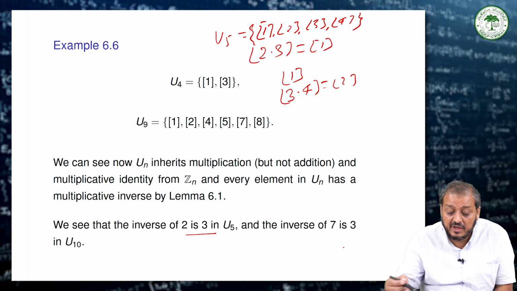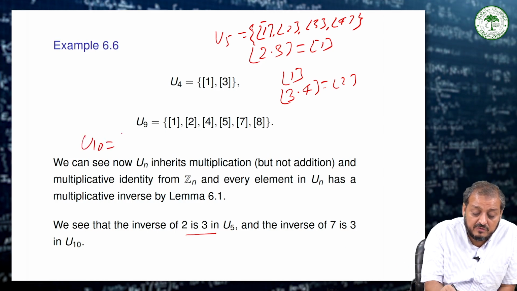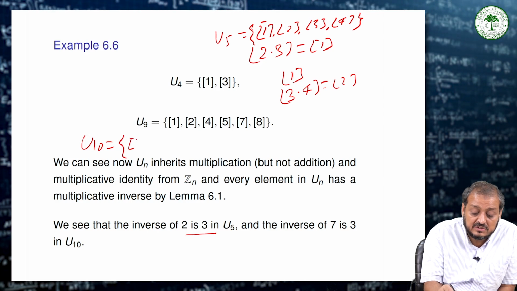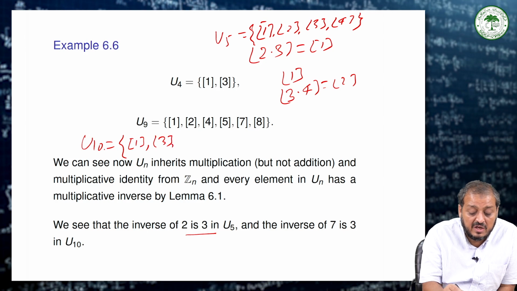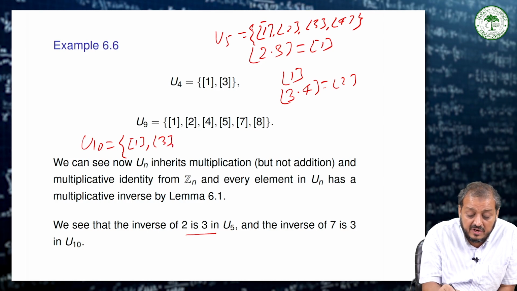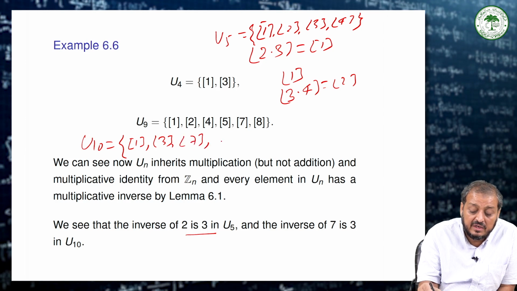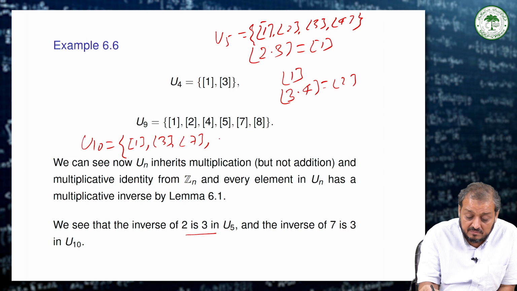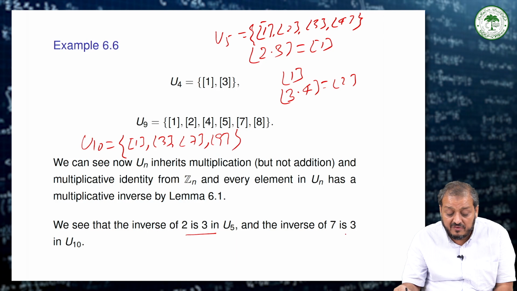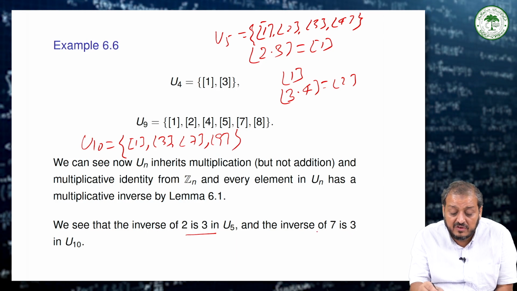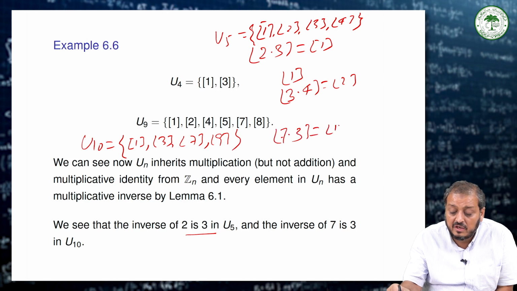And if we take U10, it is the set of equivalence classes relatively prime to 10. We have 1, 3, 7 and 9; 4, 5 and 6 are not included. So for the inverse of 7, if we take 7 times 3, again we get 1.